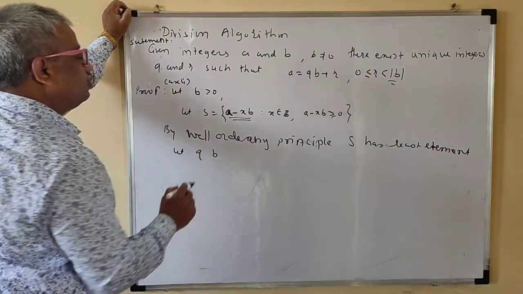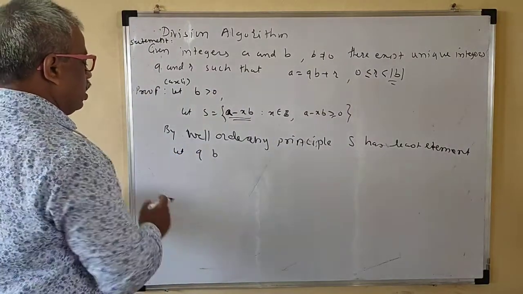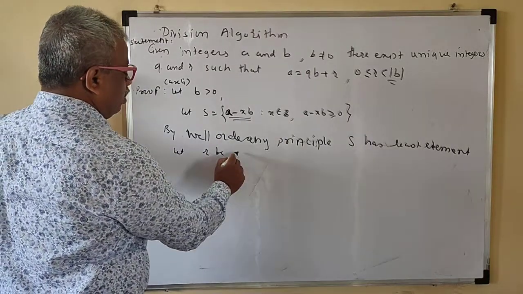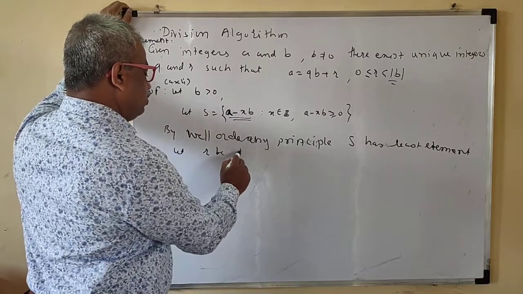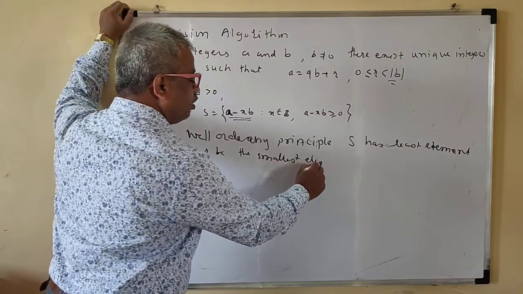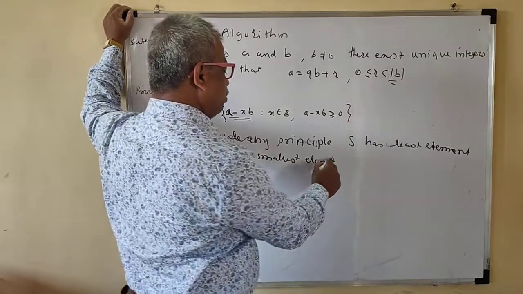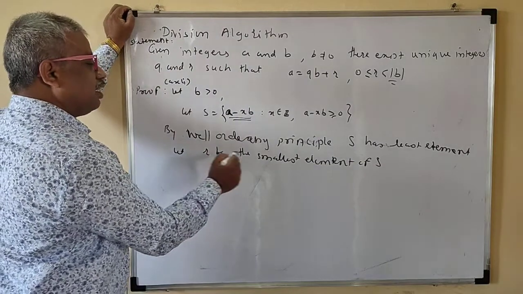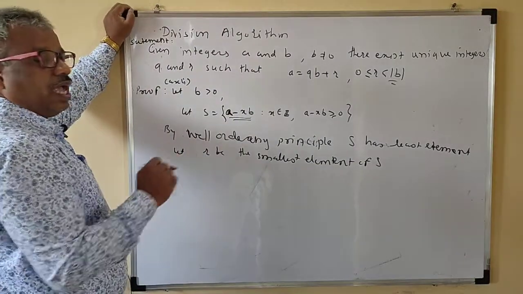Let R be the smallest element of S. So R is the smallest element of S. That means R belongs to S and it is the smallest.